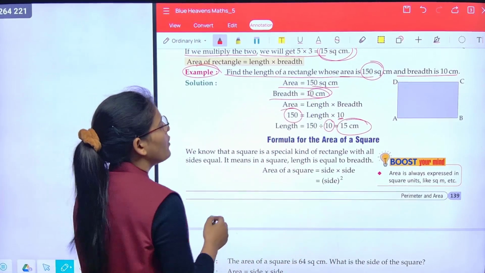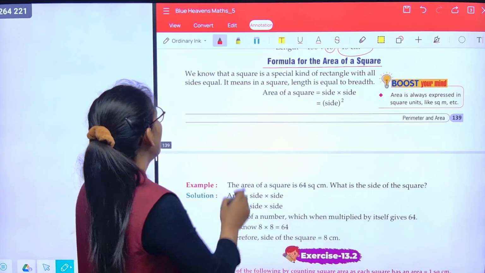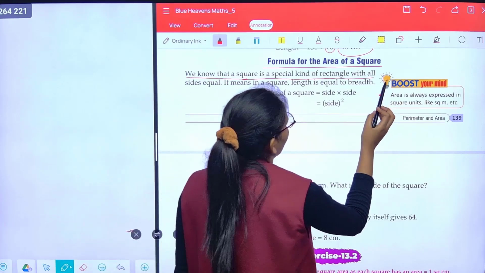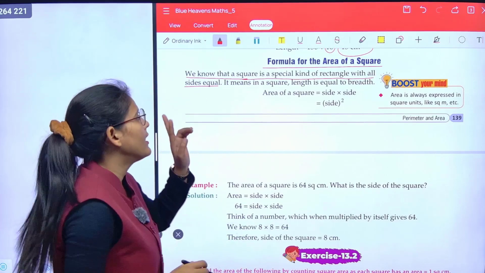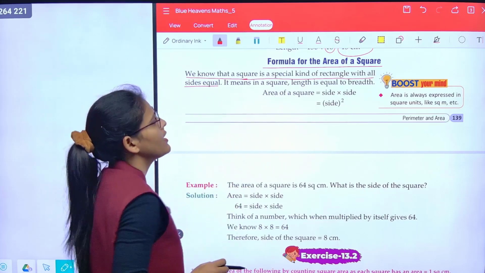Understood? Now class, formula for the area of a square. We know that a square is a special kind of rectangle with all sides equal. All sides of a square are equal.